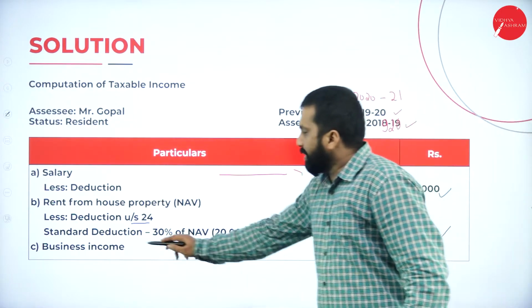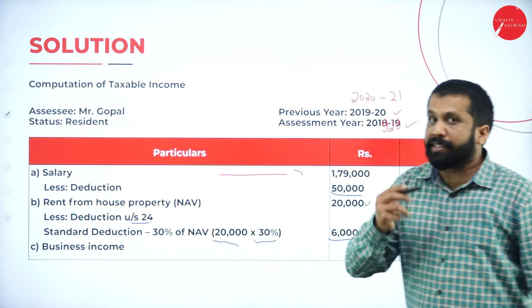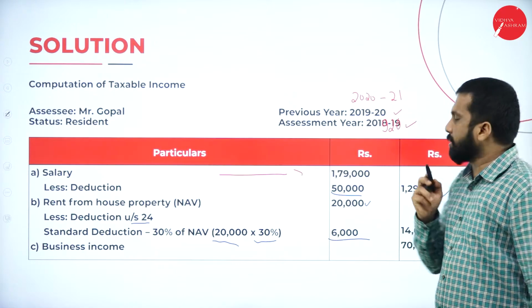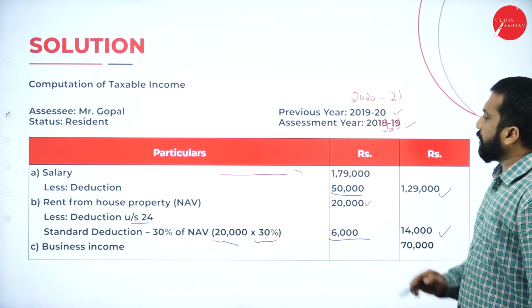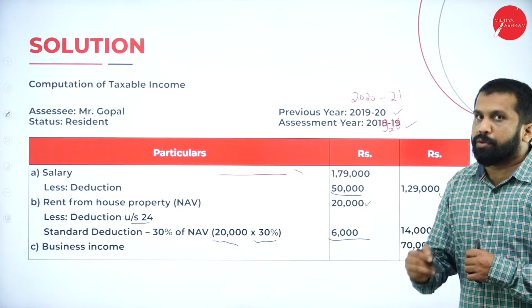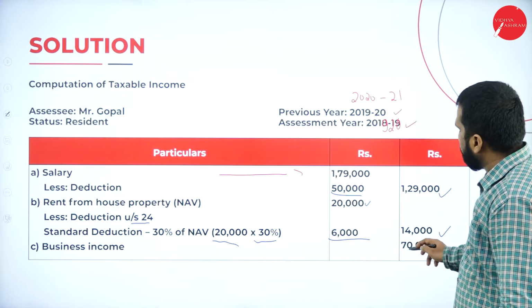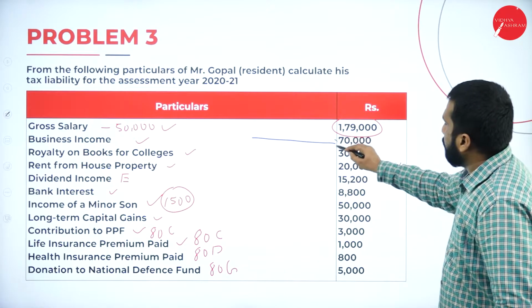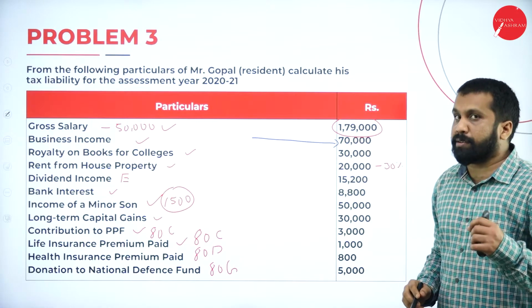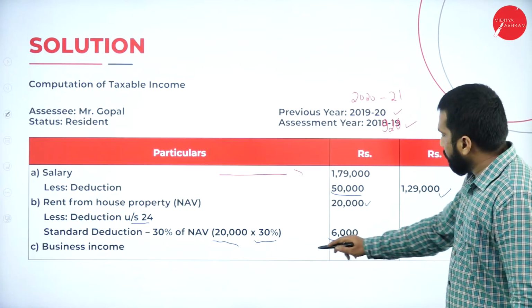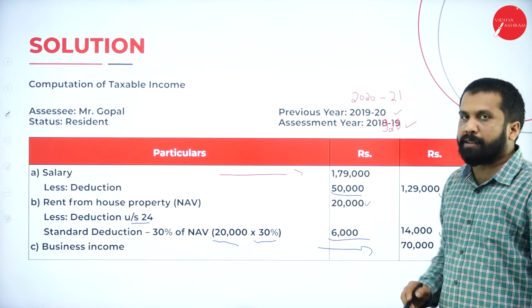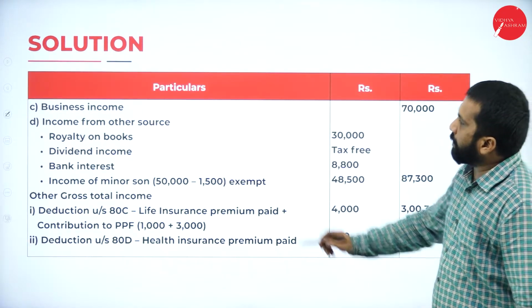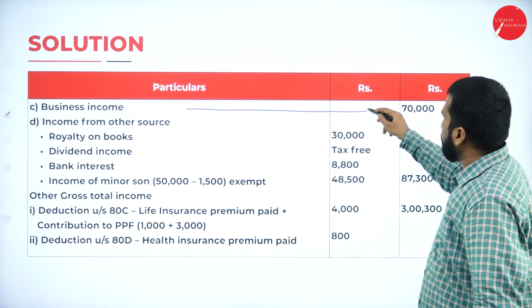Next one, business income. Under business income, what are we supposed to do? We are supposed to take it directly. It is given in the question itself. 70,000. We take 70,000 directly. Now, business income is repeated here, 70,000.